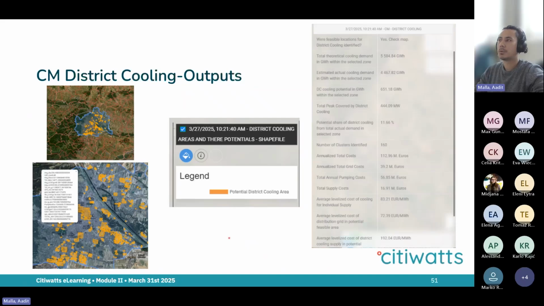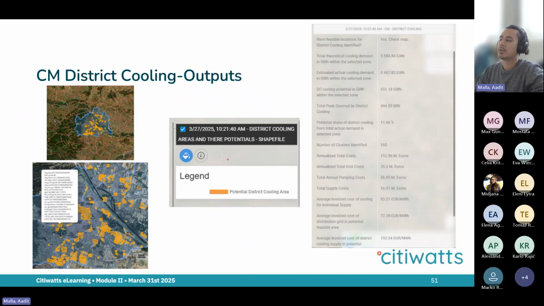With regards to output, we have 2 different outputs. One is the actual spatial visualization of the identified locations for district cooling. Here I have an example of a test run made for Vienna, which shows different potential locations for district cooling.